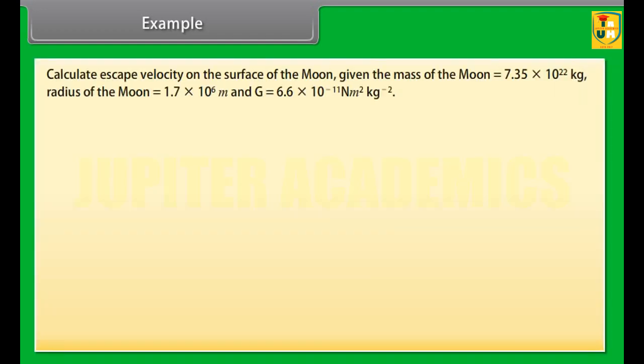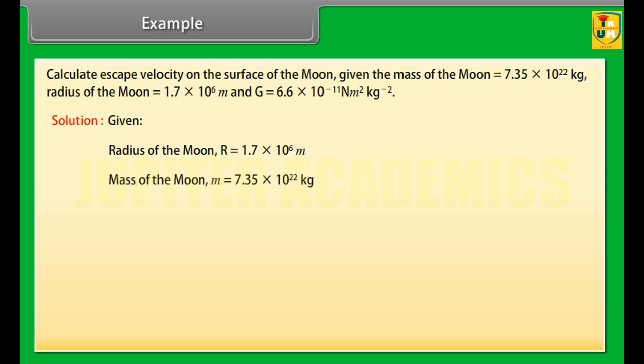Example. Let's take an example of escape velocity. Calculate escape velocity on the surface of the Moon, given the mass of the Moon, radius of the Moon, and value of g. Let's see the solution. Given radius of the Moon R is equal to 1.7 into 10 to the power 6 meter.